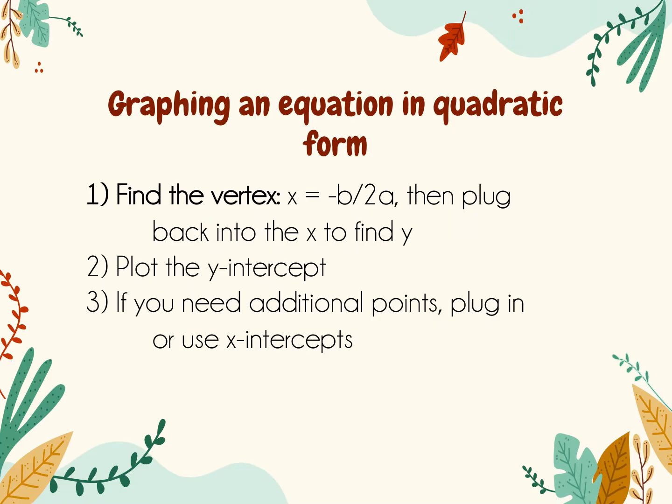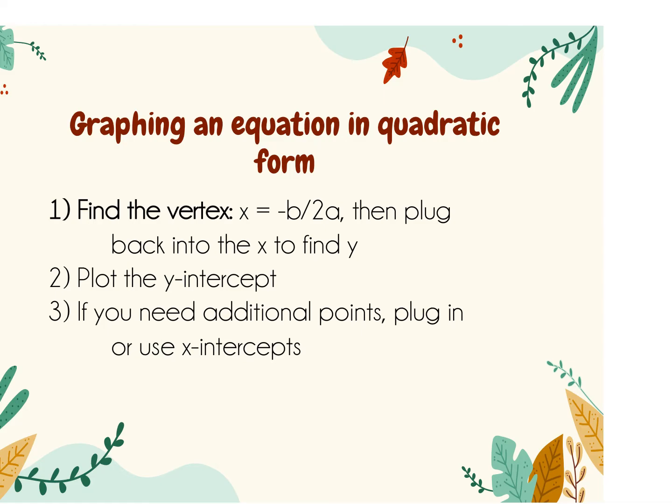So the steps are as follows. We're going to find the vertex, and there's a formula to find the vertex: x is equal to -b over 2 times a. Then once we find that x value, we're going to plug it back into the equation to get the y of our ordered pair.